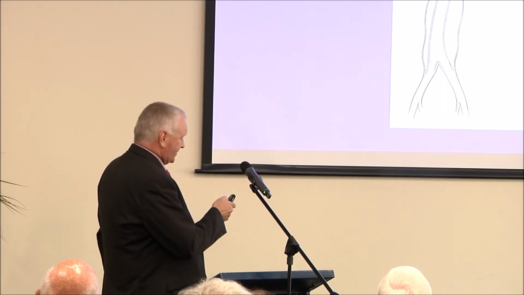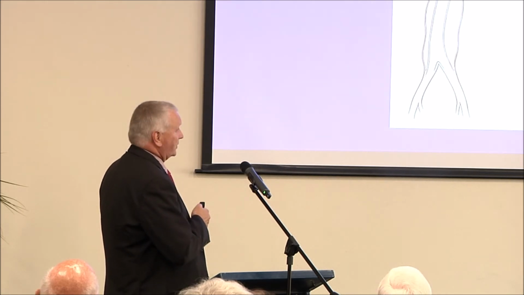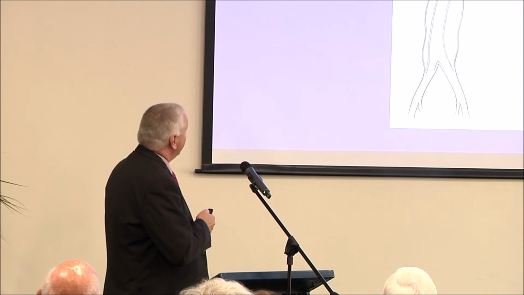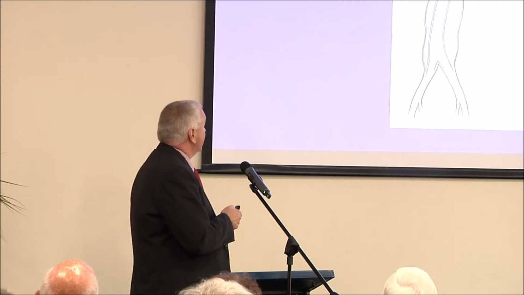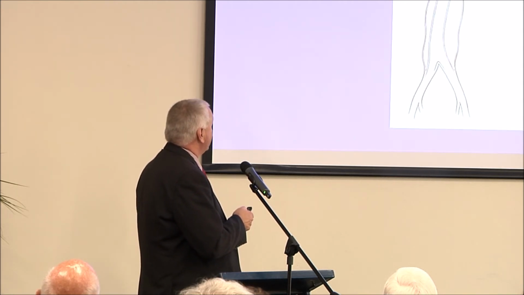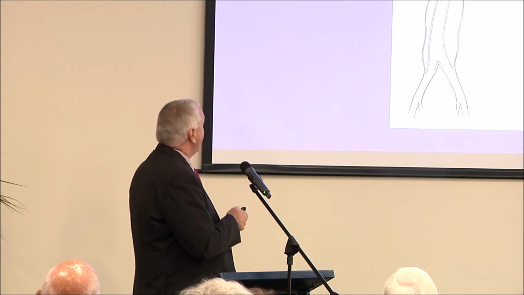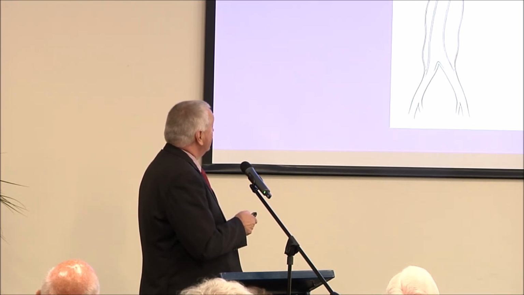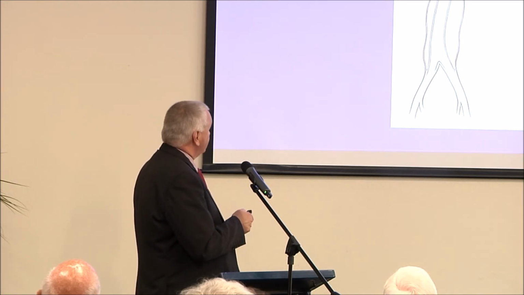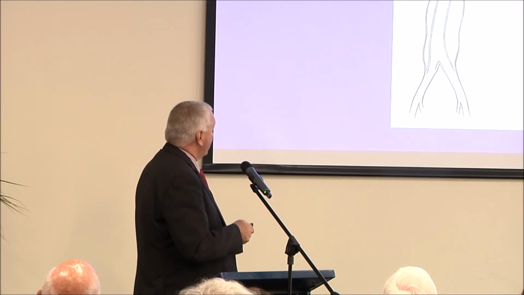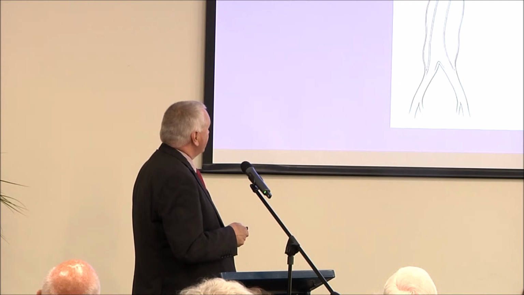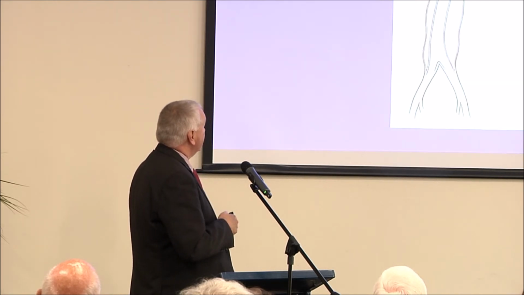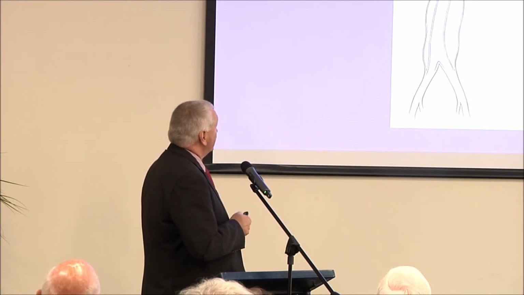This is just a schematic showing the different classifications, as you'll probably hear further about in the day. The type A dissections classically affect the ascending aorta and may or may not affect the cardiac valves, the aortic valves. A type A dissection can also continue down into the thoracic aorta, but they do, by definition, affect the ascending aorta.